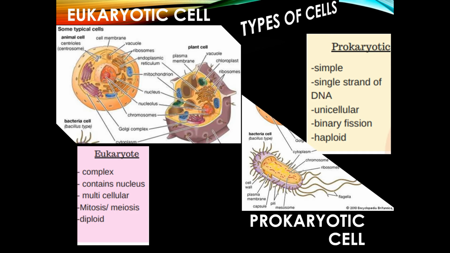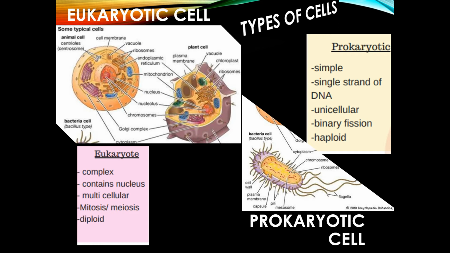Nucleus is a separate body which contains genetic material in it, right? Prokaryotic cells are simple ones. They have a single strand of DNA which is present in the cytoplasm itself. They exist as unicellular entities, they divide by binary fission, and they are haploid. Haploid means they have a single set of genes.